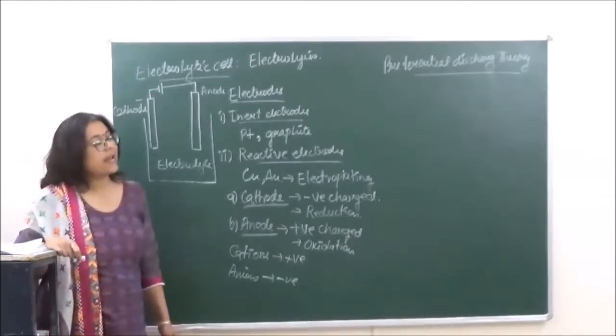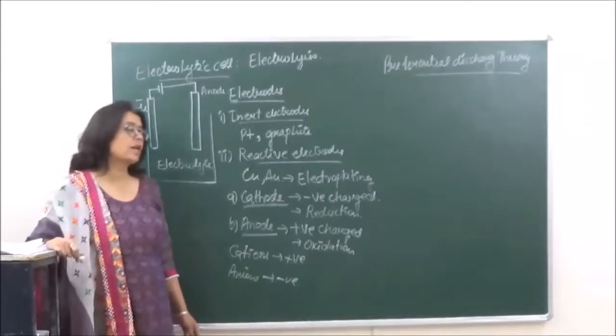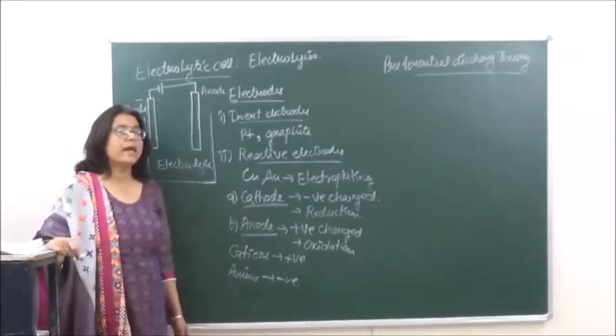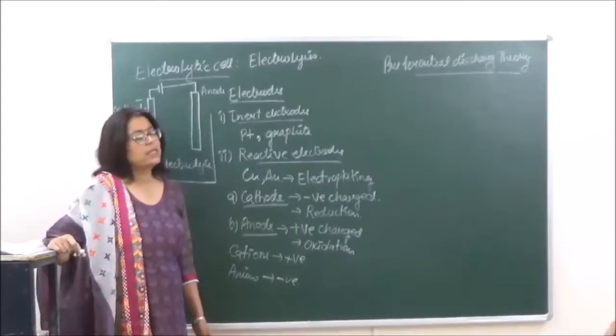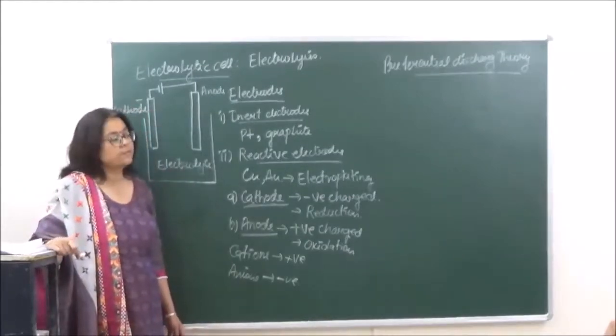Every ion has a different value of discharge potential, so the one which has a lower discharge potential is going to be deposited first.